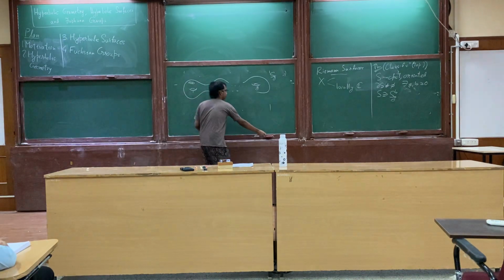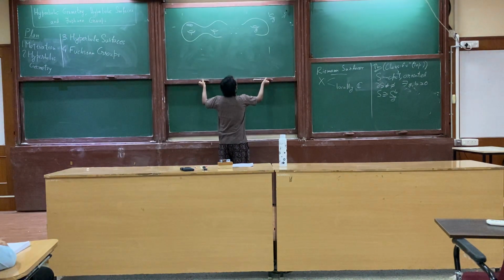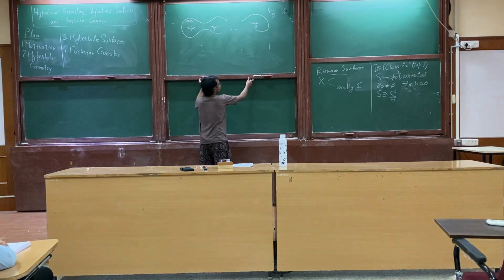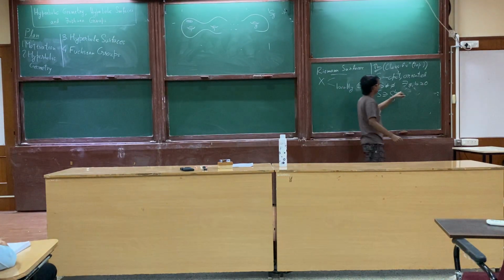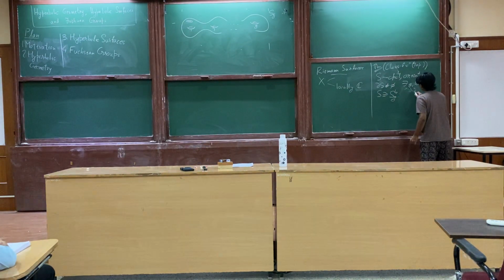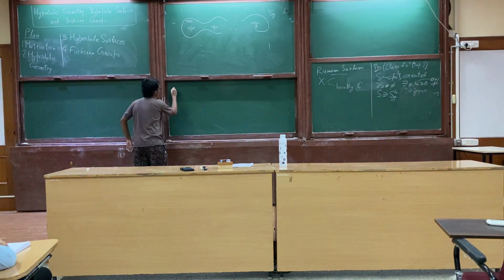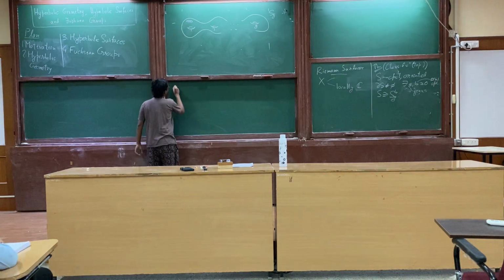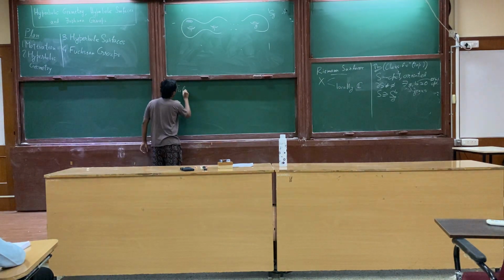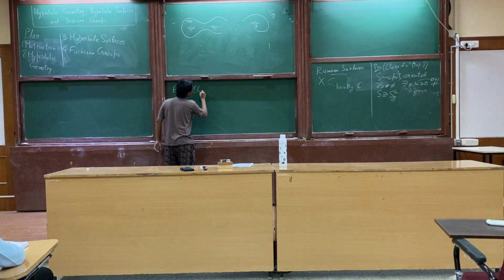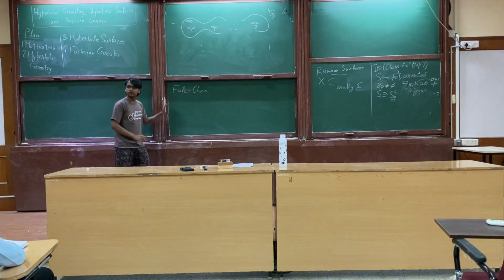So what we do is we define some invariants. So already we have two invariants, G and B, right? So this G is called the genus, and B is the number of boundary components. But we prefer to work with a different invariant, sometimes called the Euler characteristic or the Euler number. This is visible, right?